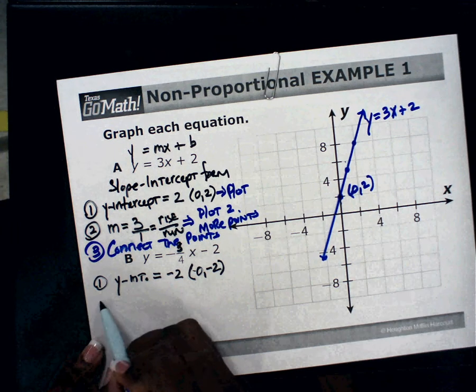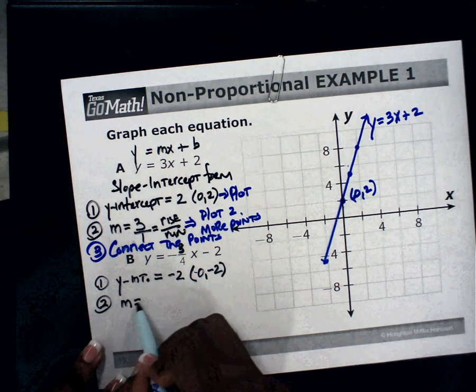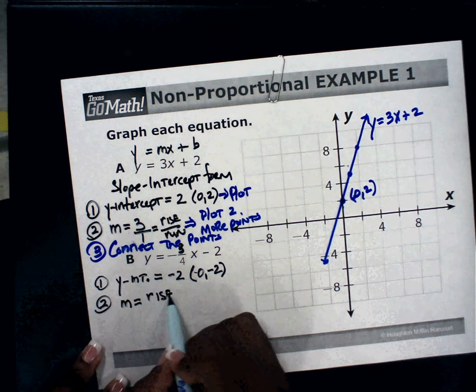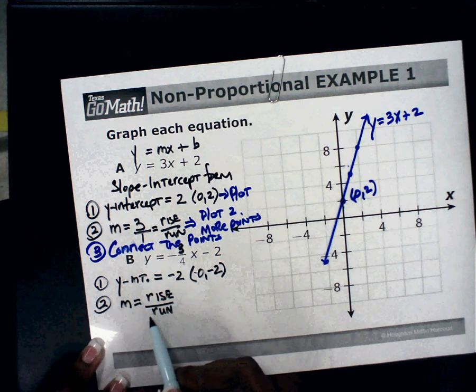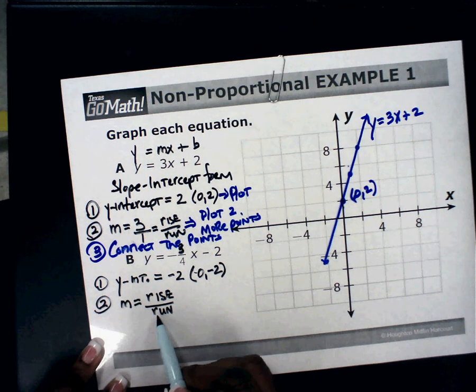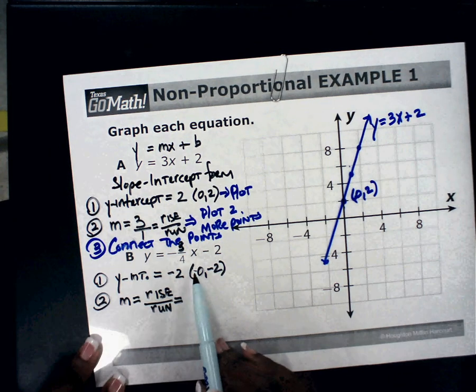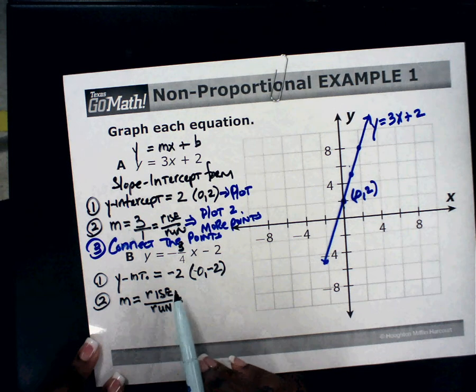So the second thing we need to identify in this equation is the slope. I'm going to do rise over run first. So our slope is equal to the rise in y over the run in x, which is the coefficient of the x variable.